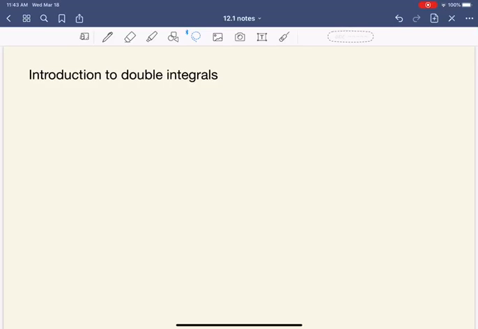Let's go ahead and start with 12.1, which is Introduction to Double Integrals. Okay, so you know a single integral, with a caveat for y equaling f of x being greater than or equal to 0, has an interpretation as the area under a curve.